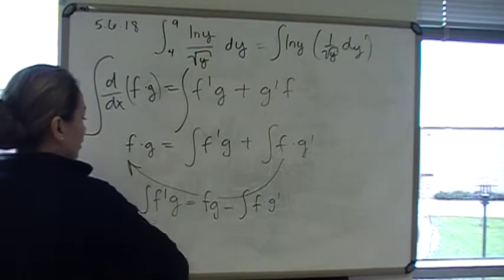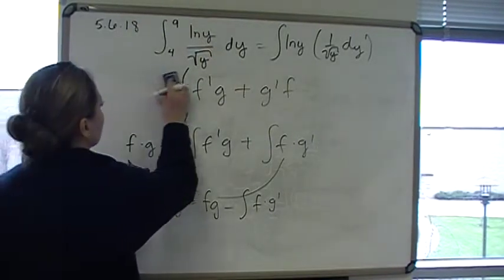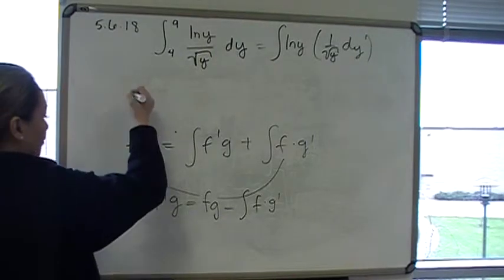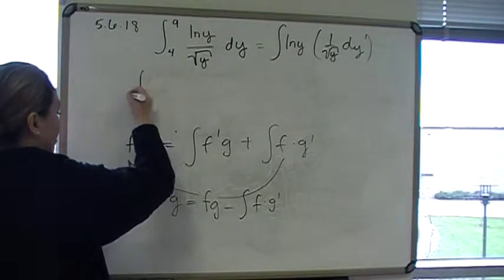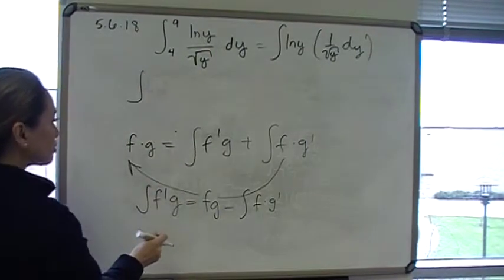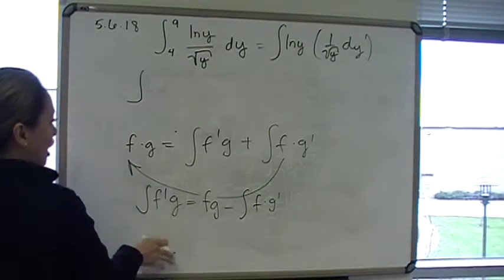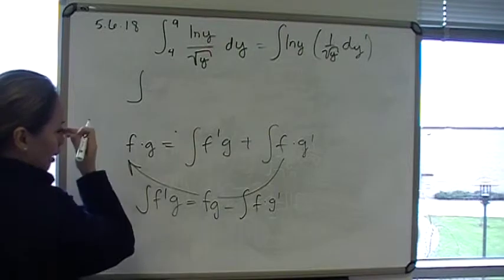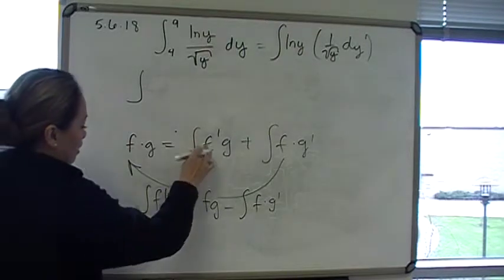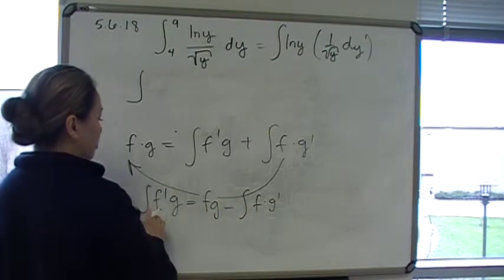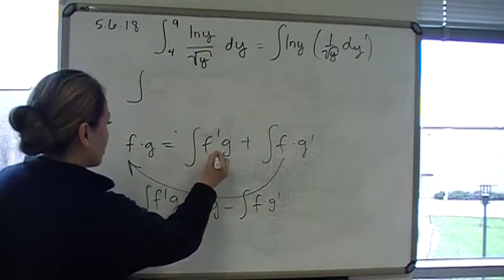So we simply replace f and g with u and v. I wanted to move fg prime. It's just a matter of which one is called a prime, but to be consistent with the book, I should have moved this one over.